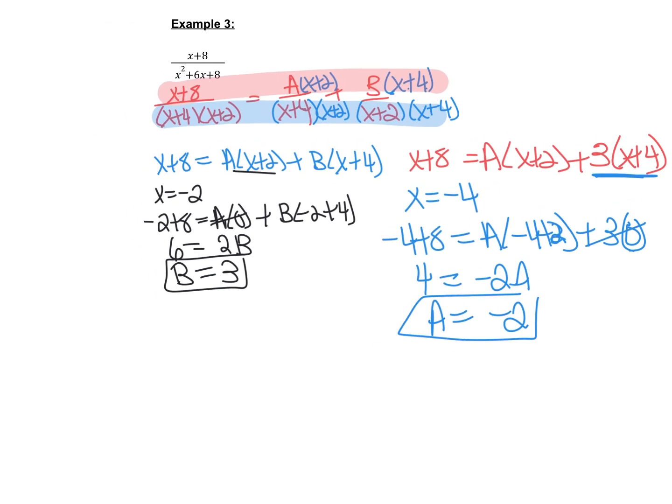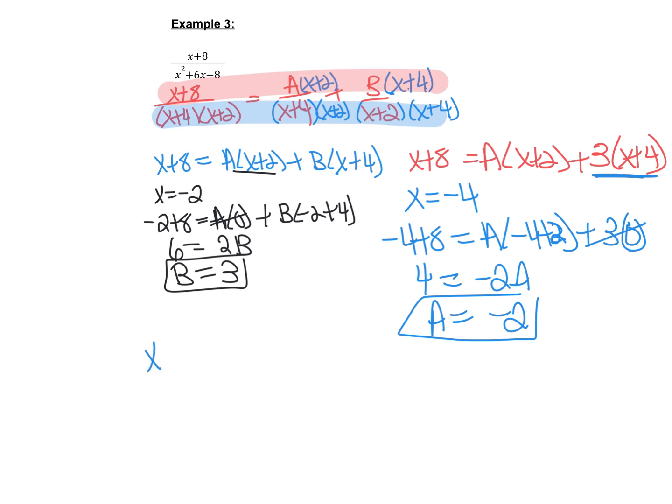Then we just come back up here to our fraction, keeping in mind the partial fraction that we are using is what's written in red up here, because that's what we started with. What we wrote in blue is what we multiplied the top and the bottom by.